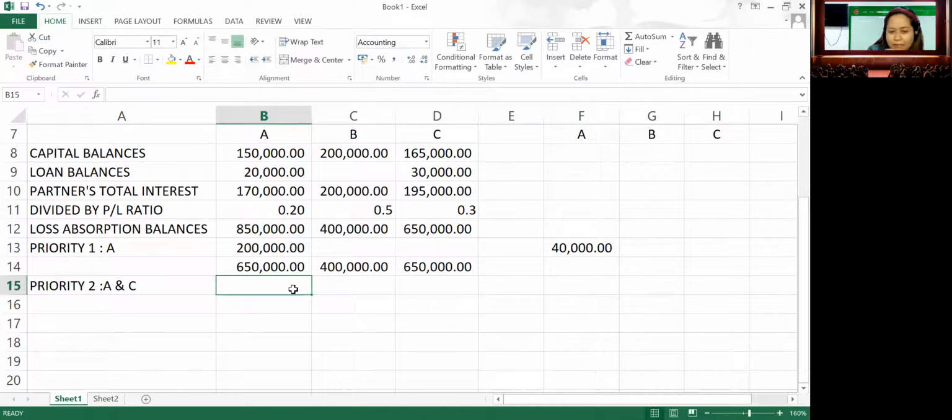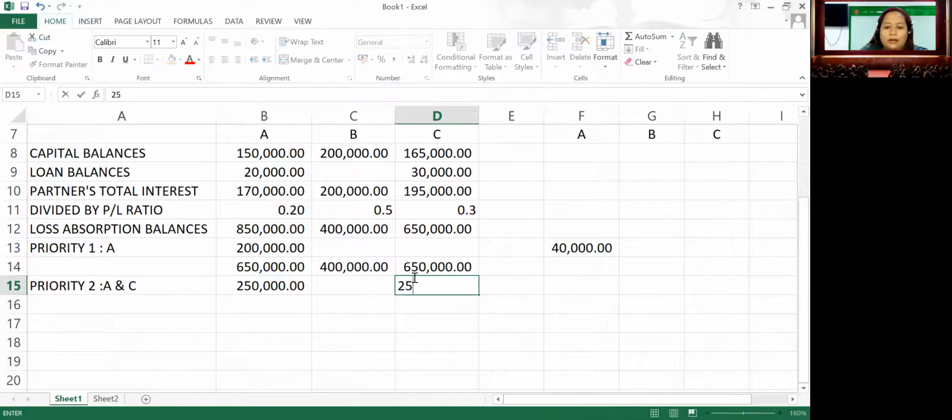Kailangan sa dulo pare-parehas na sila ng loss absorption balances. Okay, so magkano pong ibabawas natin doon? So 650, ang difference po nila ay 250,000. So bawasan lang po natin ng 250,000 ang partner A and C. Okay po.